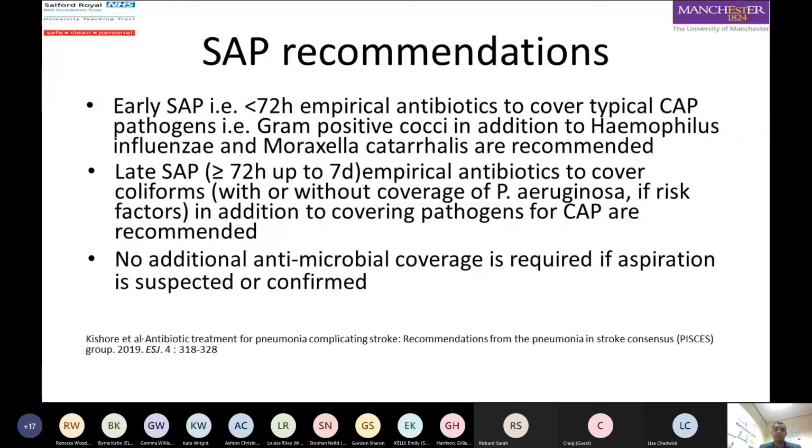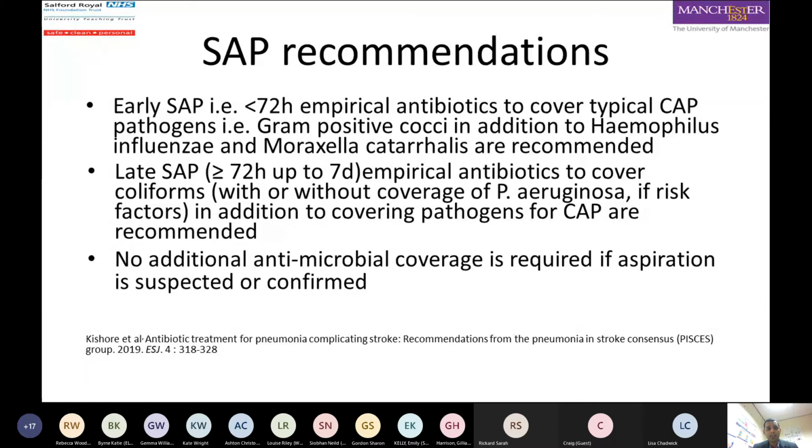So what did we recommend based on what evidence we had, looking at the local, European and American societies? Based on the available bacteria and the systematic review we had done, for early SAP, or SAP within the first 72 hours as we classified it, we thought that empirical antibiotics to cover typical community-acquired pneumonia organisms, mainly gram-positive cocci, in addition to H. influenzae and Moraxella, are recommended.